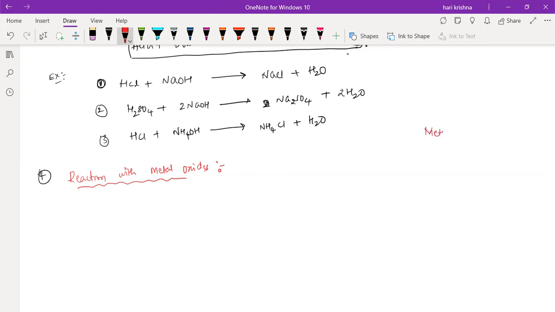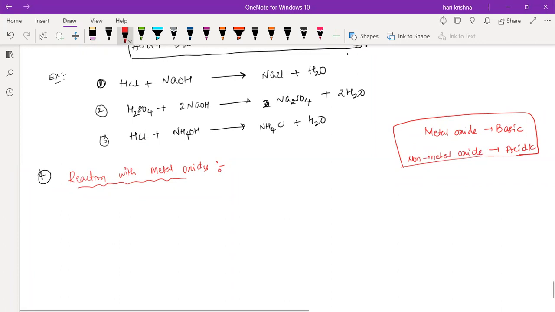Metal oxides are basic in nature and non-metal oxides are acidic in nature.